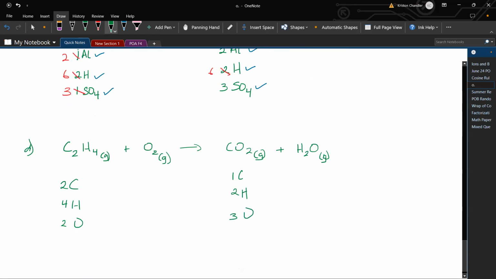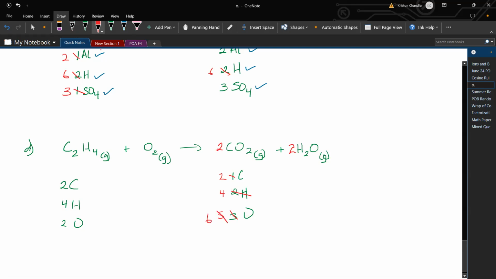So we could start here. We definitely need a 2 in front of this so that we can get the 2 carbons to be the same. But then when we do that, we end up with 4, 5 O's. We look on this side. We need 4 H's. So if I put a 2 in front of here, you're going to get 4 H's. And now we have 4 O's and 2 O's, 6 O's in all.